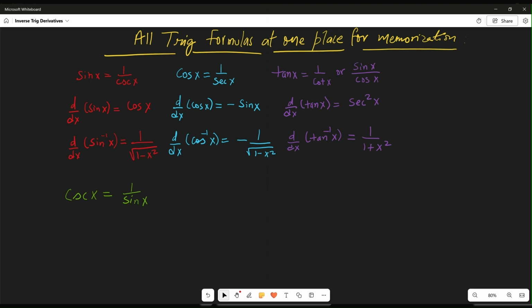It's much better to memorize this way. And then the derivative of cosecant of x is negative cosecant x cot x.